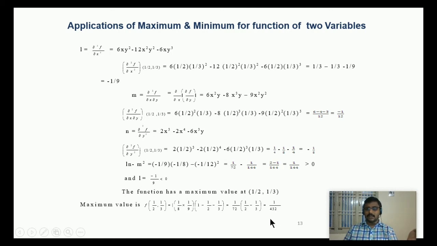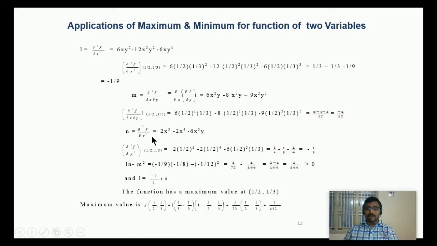First let the given function be f of x, y. Compute the partial derivatives dou f by dou x and dou f by dou y, which are equated to 0. We will get stationary points. One of the stationary points is (1/2, 1/3). At this point we have to compute the L, M, N values. L is dou square f by dou x square, M is dou square f by dou x dou y, and N is dou square f by dou y square.